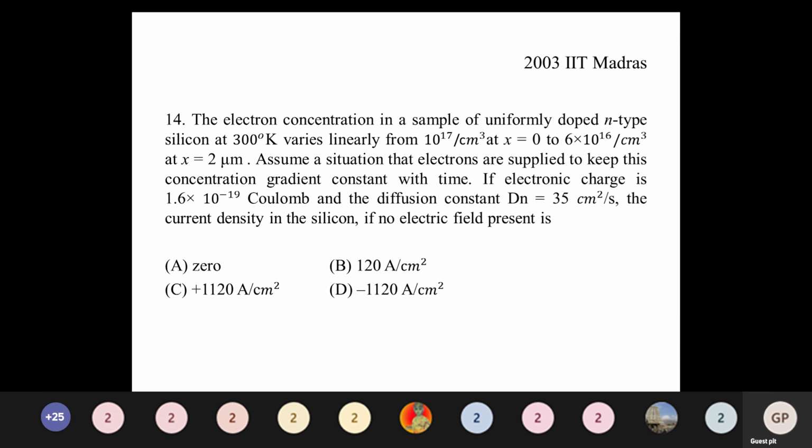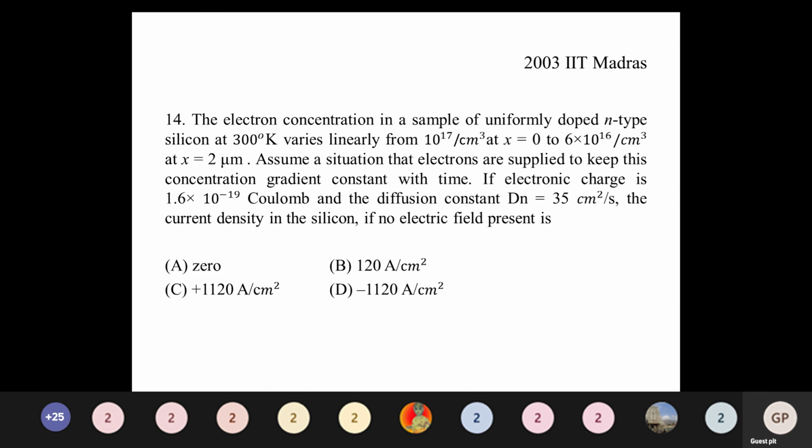Assume that electrons are supplied to keep this concentration gradient constant with time. That is the condition they have given.